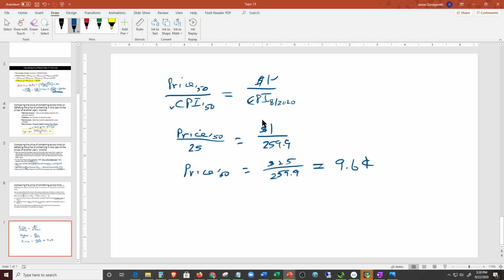And you can almost do the inverse of this if you said 10 cents. 10 cents is 1/10 of a dollar. Put another way, $10 today buys the same as $1 bought in 1950. All right? So hopefully that gives you some insight into how to solve part A.